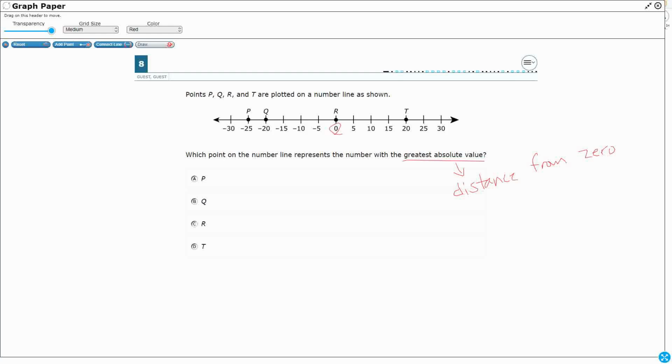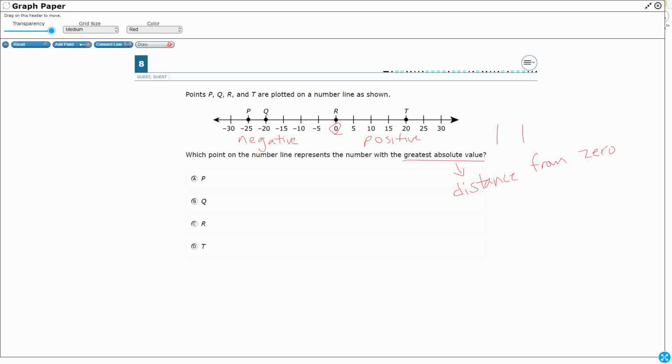That's kind of what splits our negative numbers to the left and our positive numbers to the right. And that distance from 0 is going to be our absolute value. So we represent that with these vertical lines like this.